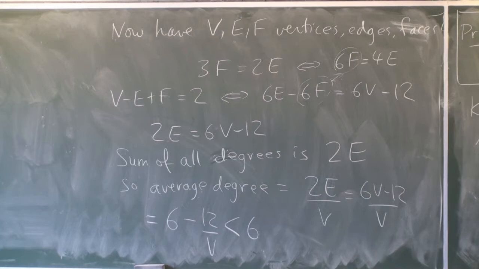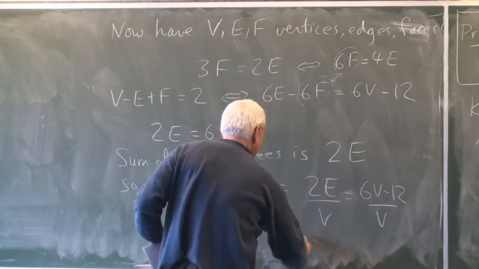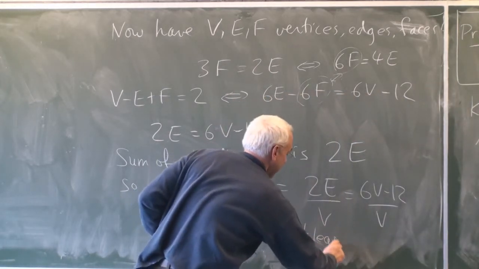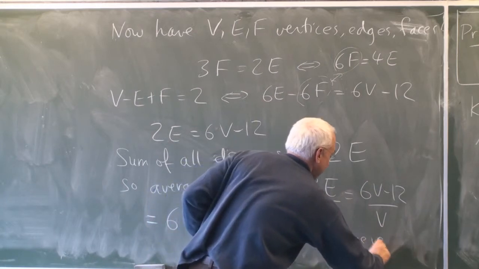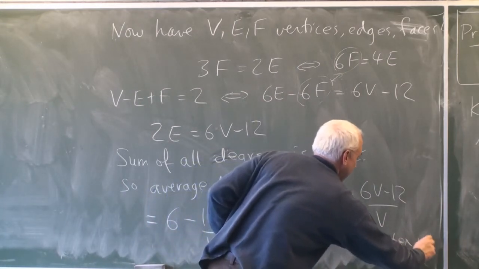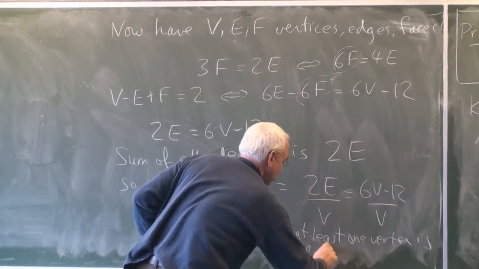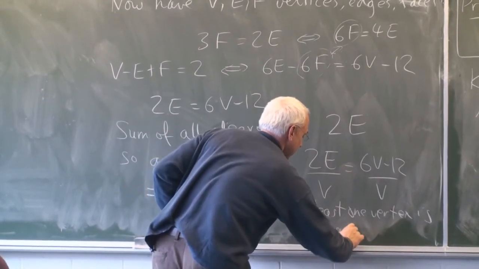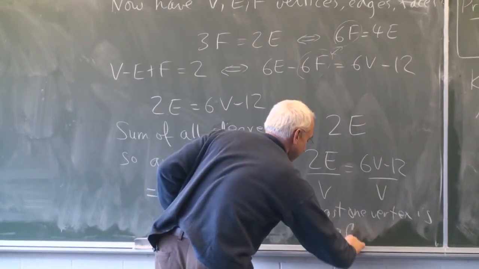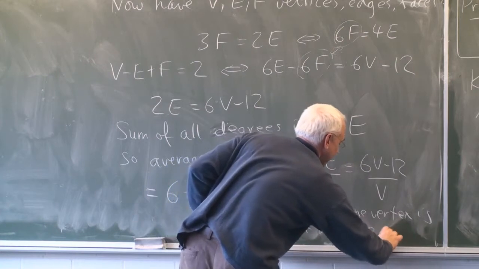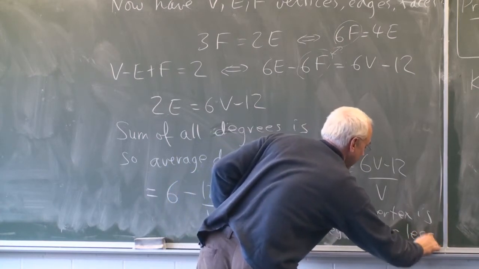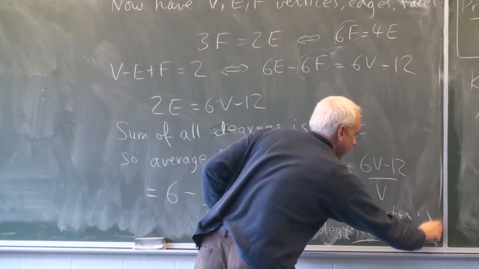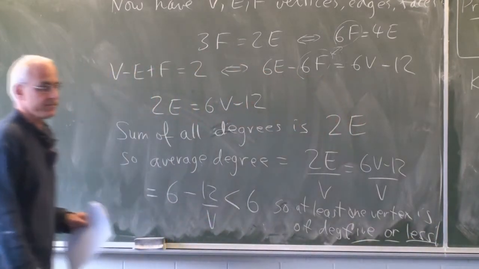They can't all have degree 6 or more, because then the average couldn't be less than 6. So at least one vertex is of degree 5 or less. And that's the end of the proof.